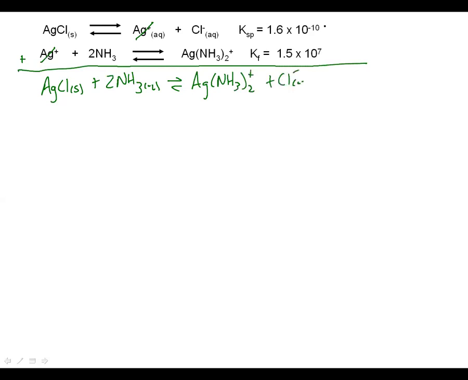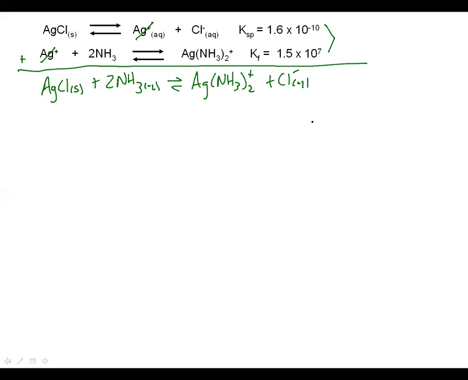Now, this is a KSP and this is a KF. It doesn't matter that they are different in the sense of KSP and KF. If you remember, we talked about the idea that they're all really K values. It doesn't really matter what the label is, Ka, Kb, Kc, Kp. They're really all just K values in equilibrium expressions. So although we did add both of these together, we would still do the same thing.